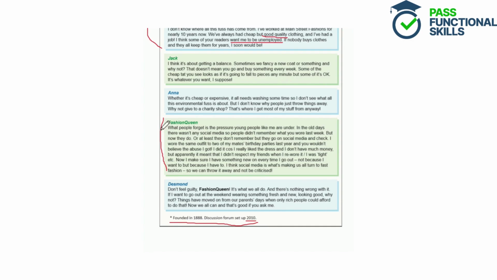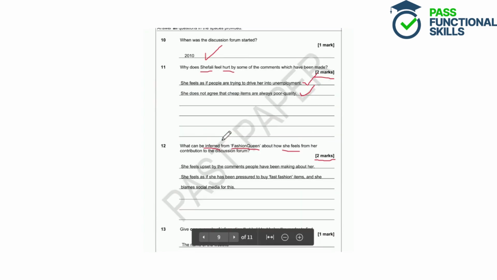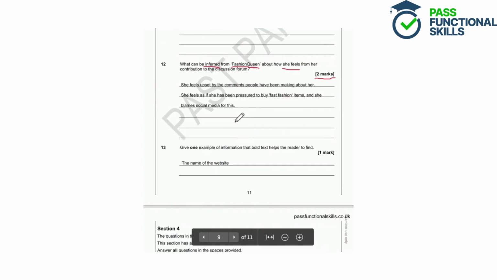So from this we can infer that Fashion Queen feels quite under pressure to conform to social media and to buy fast fashion, because she feels under pressure that people are worrying about what she wears. So we can see she feels as if she's been pressured to buy fast fashion items, as she blames social media for this.